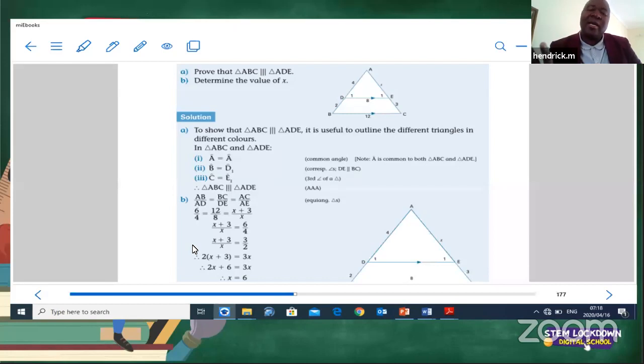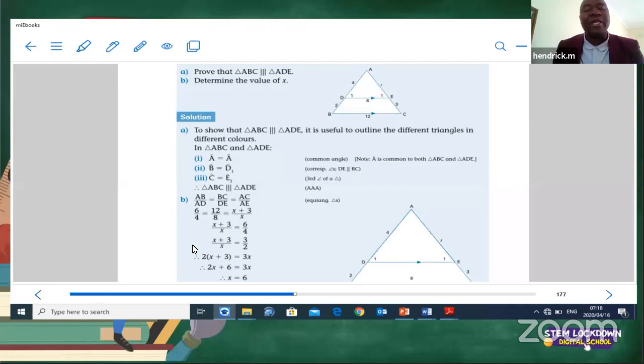Triangle ADE and ABC are on top of each other, so you need to separate them, meaning you must draw ADE separately and also draw ABC separately. Then you will be able to compare the two triangles. You will have a separate triangle ADE, and a separate one, ABC.